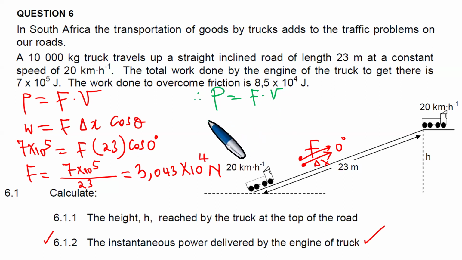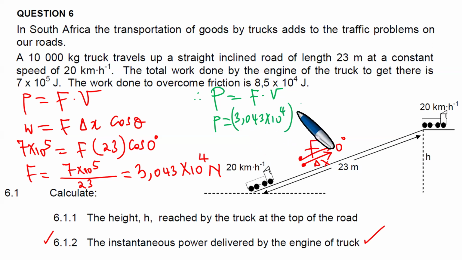We have the velocity of the truck, exactly 20 kilometers per hour, and we can convert that. The force is 3,043 times 10 to the 4th power.